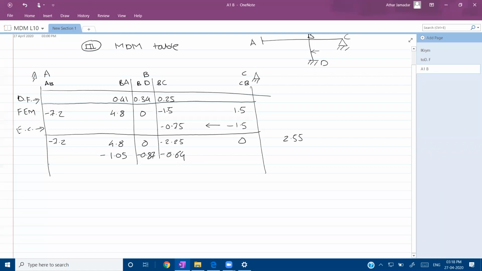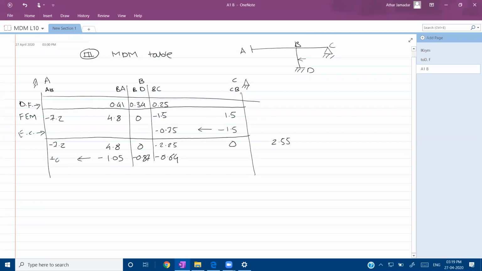Now we have to look after carryover also, because this moment of BA should be half carried over to support A, because support A is fixed. So half of this should be carried over here. So 1.05 divided by 2, 0.525 should be carried over here.